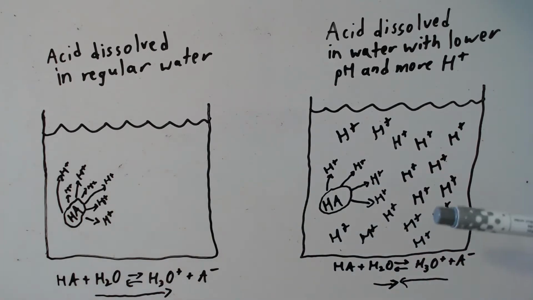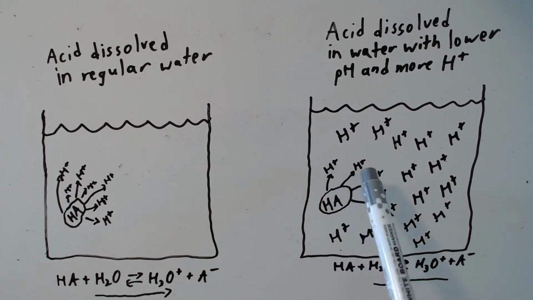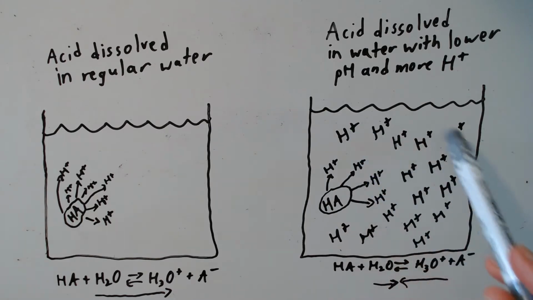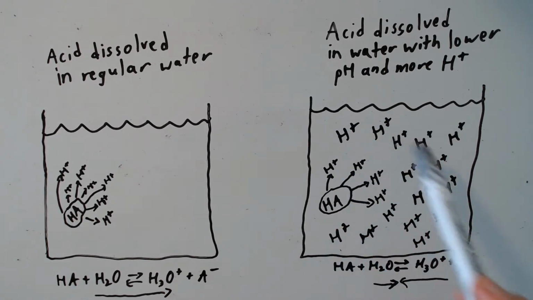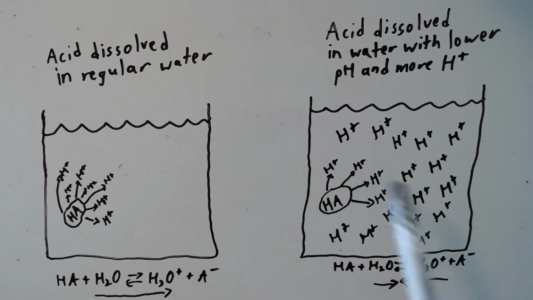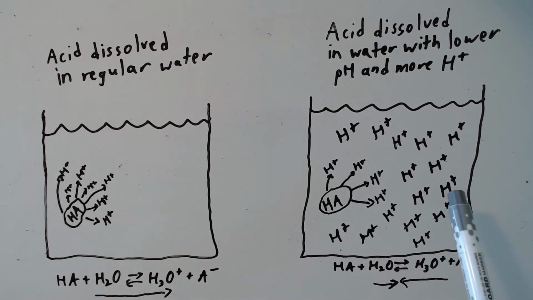So this reaction shifts more to the left because H+ can't get released that much from this acid in a solution that is already filled with H+. It's difficult to release more H+ into a solution that already has a lot of H+ and a low pH.